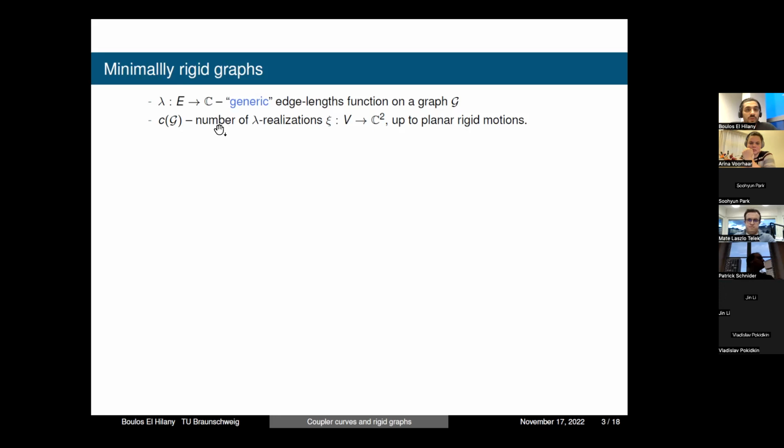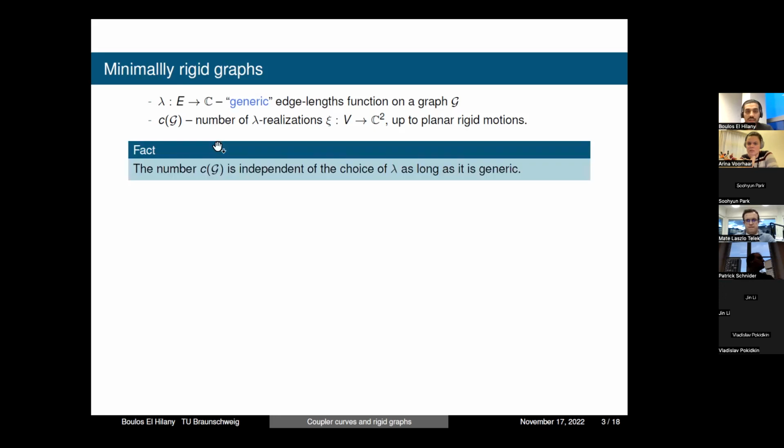So this C of G would seem to be dependent on the edge length, but since I chose it in a generic way, it actually will not depend. The reason, as we will see later, is that we can look at realizations as a polynomial system of equations, where we fix some coefficients and we move some other coefficients.